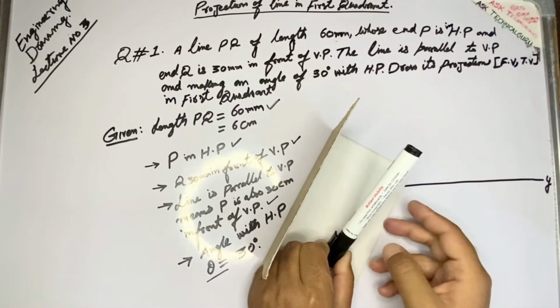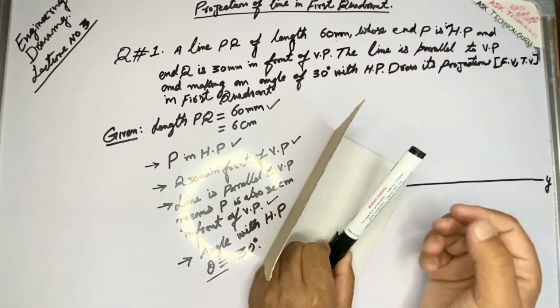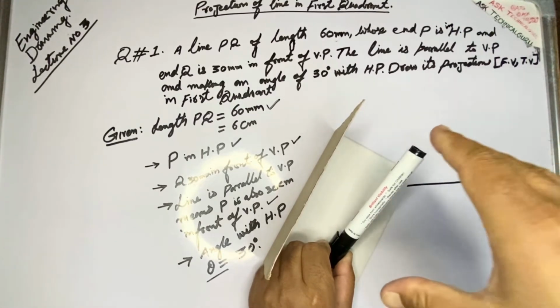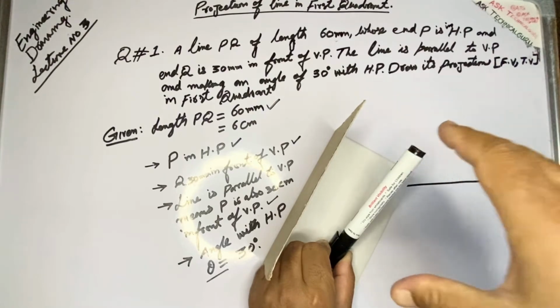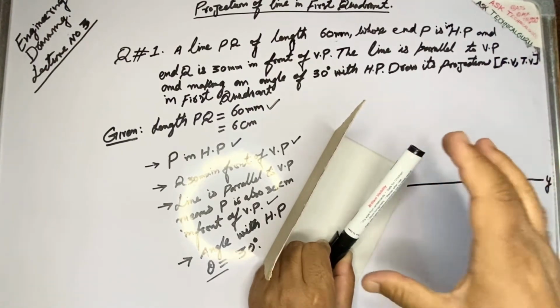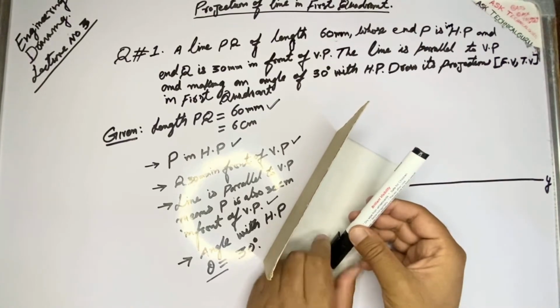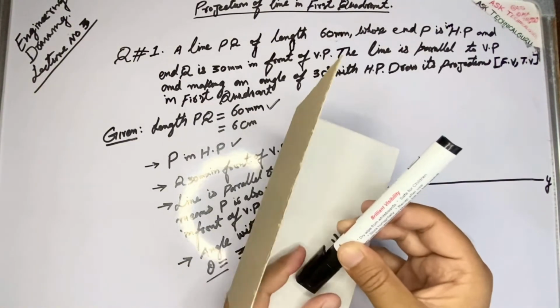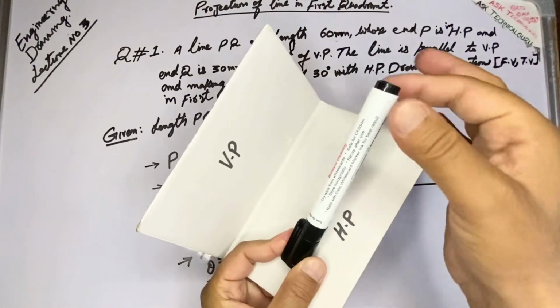This is an inclination. Now when we see from the top view, we will not be able to see its angle, nor will we be able to see its true length. So we have to start with the front view like this.